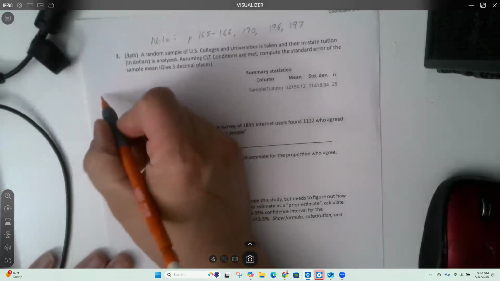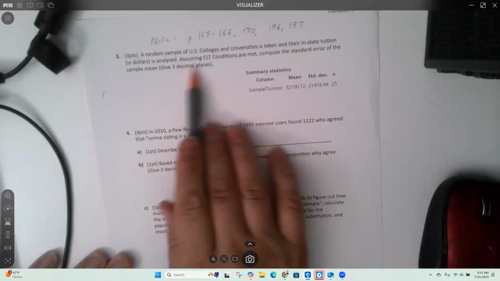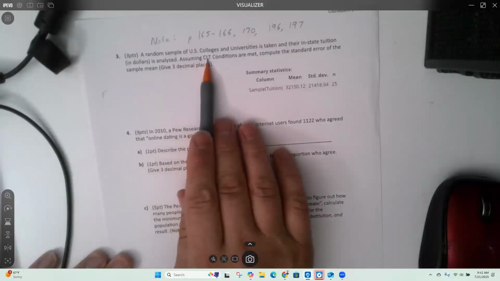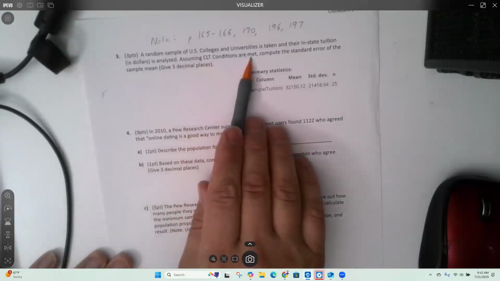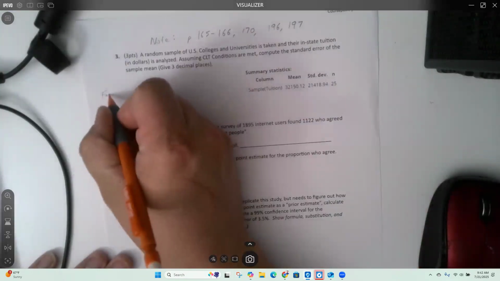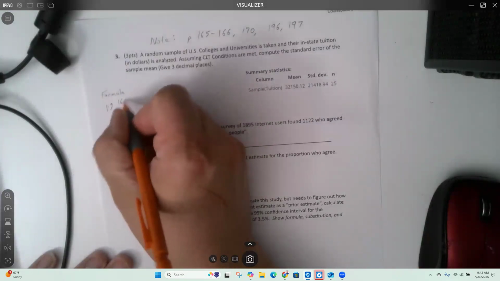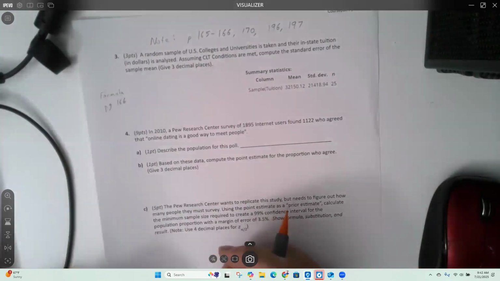Anyway, a random sample is taken, assume the central limit theorem conditions are met. Compute the standard error. So there's a formula for standard error on page 166.